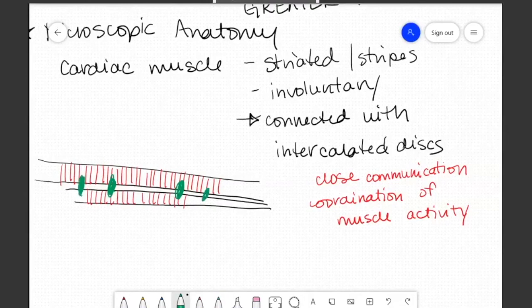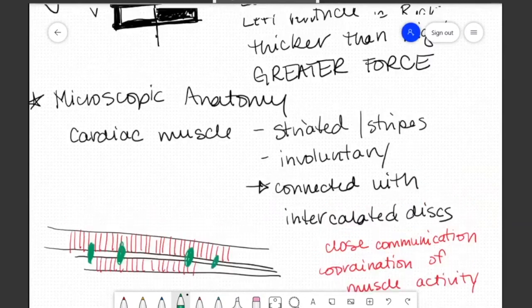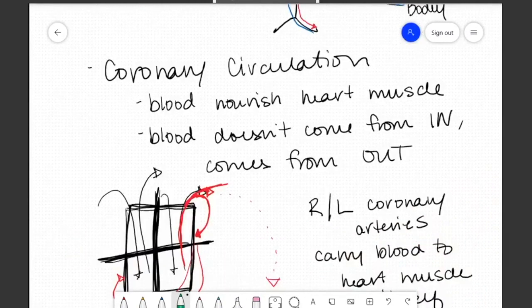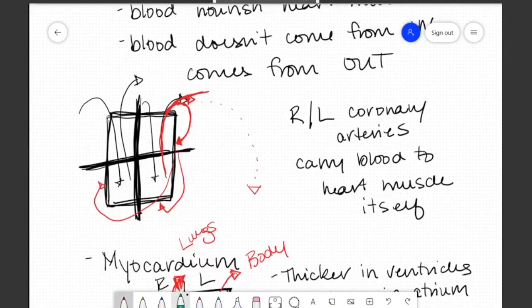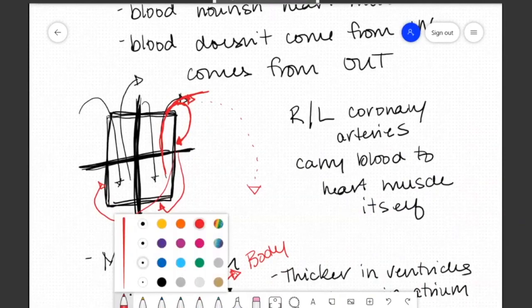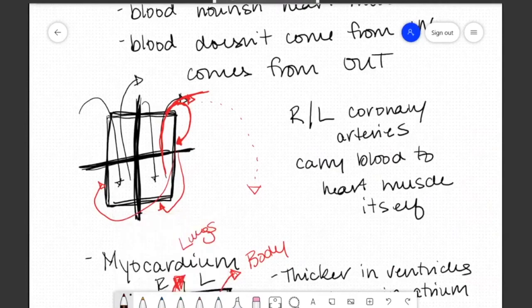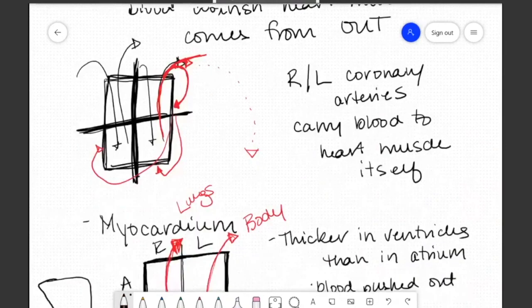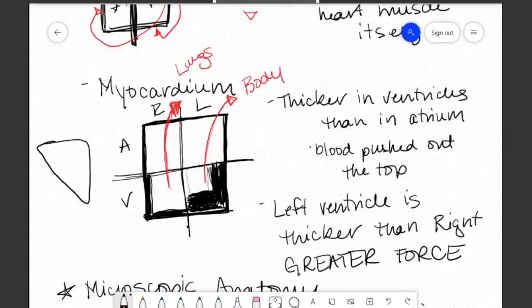And the main reason is because if we have blood that needs to pump out of our body, and if we need to squeeze and contract our muscles, we want the muscles in our heart to all contract and squeeze at the same time. So that means we want these guys to contract, and we want these guys to contract. And we need to do that by communication at the same time.